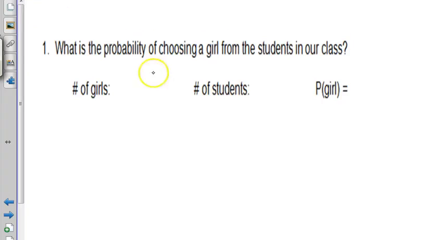All right. Probability of choosing a girl in our class. How many girls do we have? 9? 10? 10? Got 11? All right.